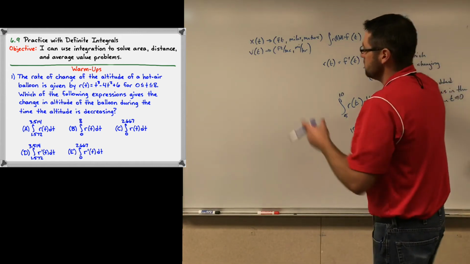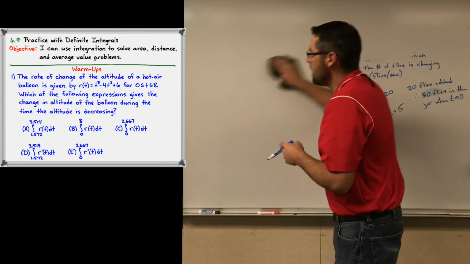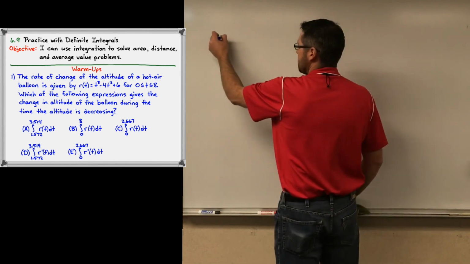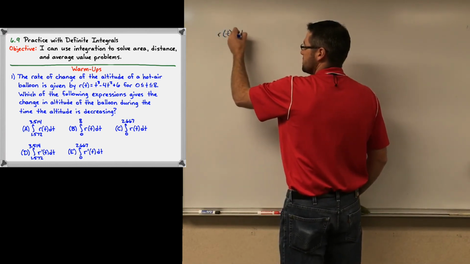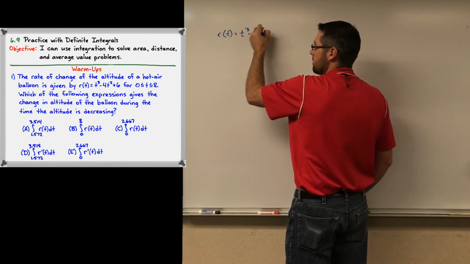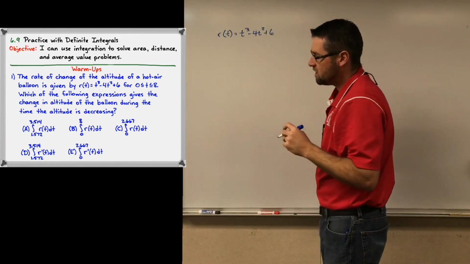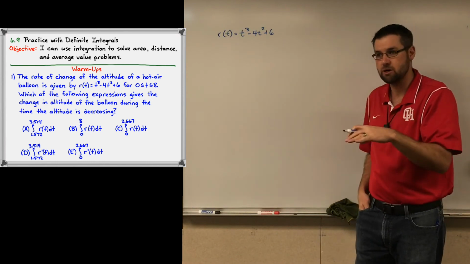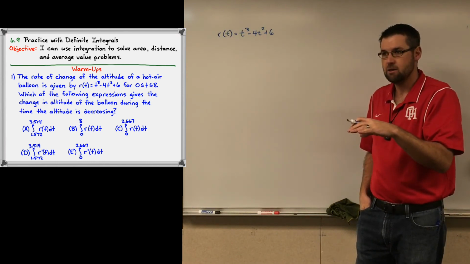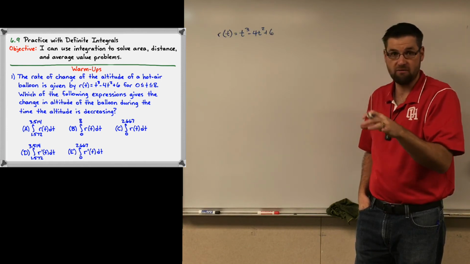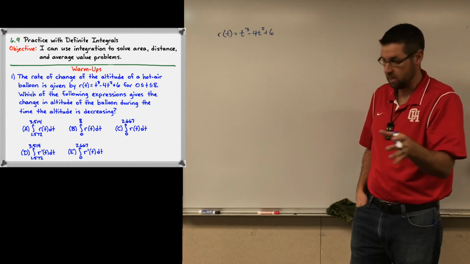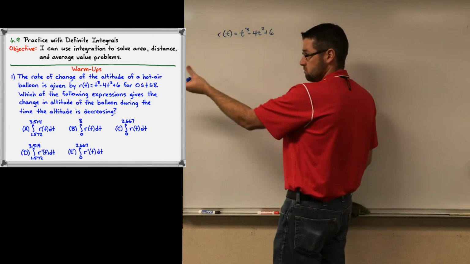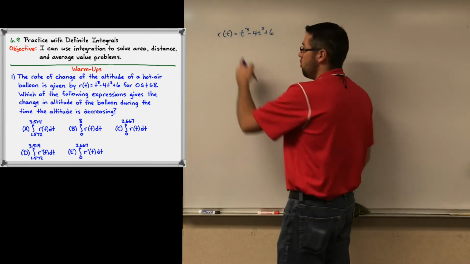Okay, so we go to this problem, and the rate is given. I think they use the same variables here. So the rate equals t cubed minus 4t squared plus 6. First thing I need to do is figure out when the altitude is decreasing. The altitude decreases when the rate, or the derivative of altitude, is negative. So when is this negative?